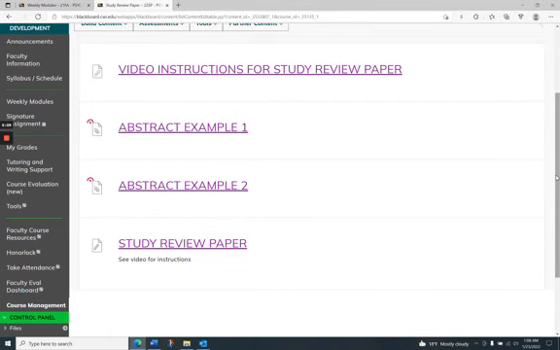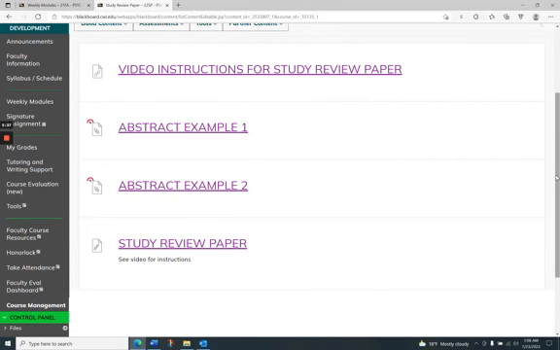If you're strategic, this study review paper is going to be the first step in your community research paper. This will be the first article that you'll be reading relevant to your topic. So it's important to have your topic approved. You should send that to me by Monday for your signature assignment.